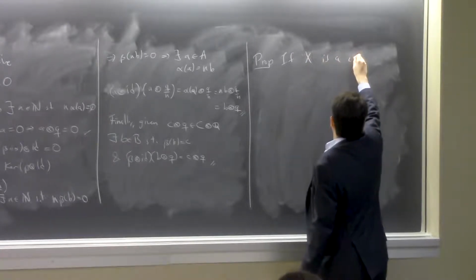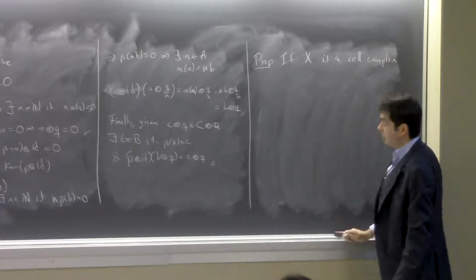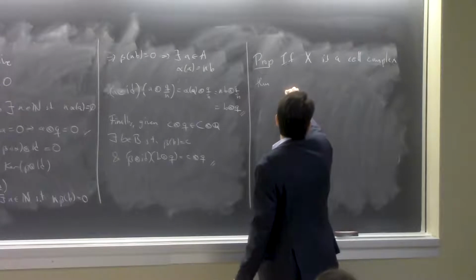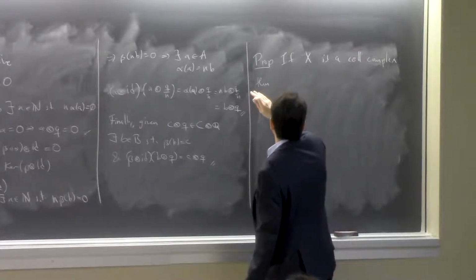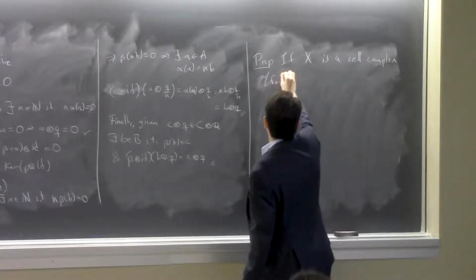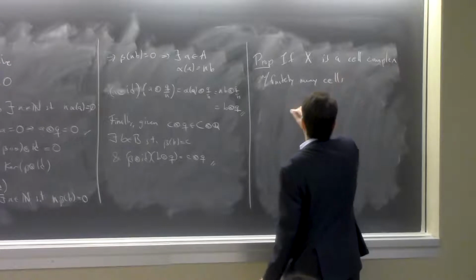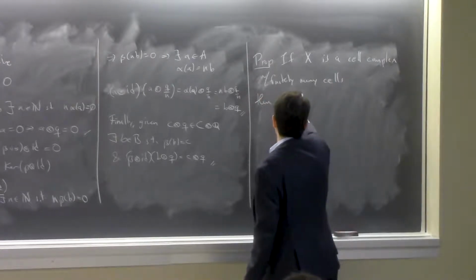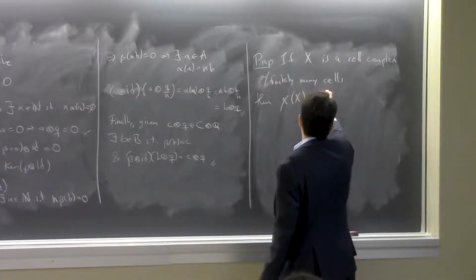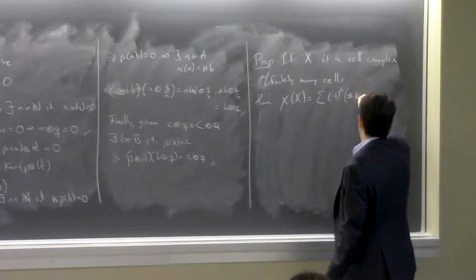If X is a cell complex, or rather, if X has a cell complex structure, let's say with finitely many cells, then the Euler characteristic of X is equal to the alternating sum of the number of k cells.